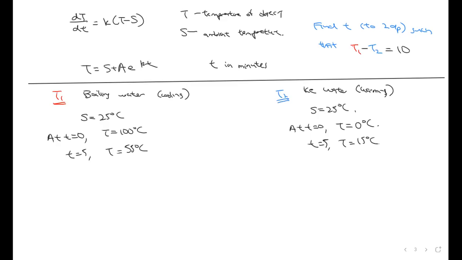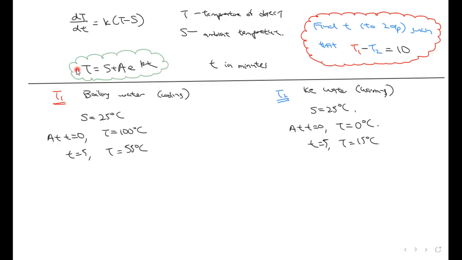That's what you want to do: find t to 2 decimal places such that T1 minus T2 equals 10. For us to do that, we need to actually find out what T1 and T2 are. We recognize that we're told they follow this law, so we'll use it. So T1 on the left is equal to S plus A e to the kt.